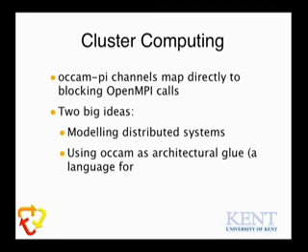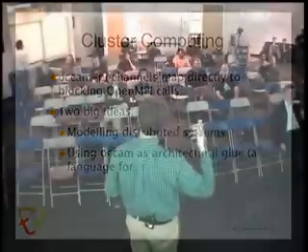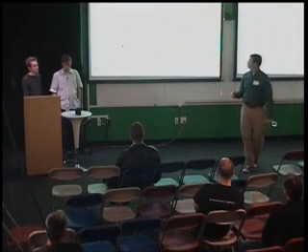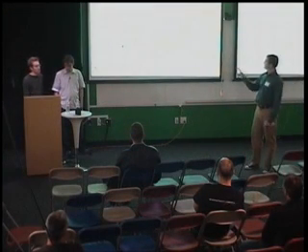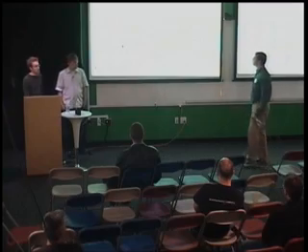But what would be nice is if we could use Occam as some kind of architectural glue, and at key points, break our Occam process network up with Open MPI channels, at which point my concurrency and parallelism is still guaranteed to be correct as long as the semantics map correctly from the language to the library. So I think that's something we definitely want to spend more time looking at.